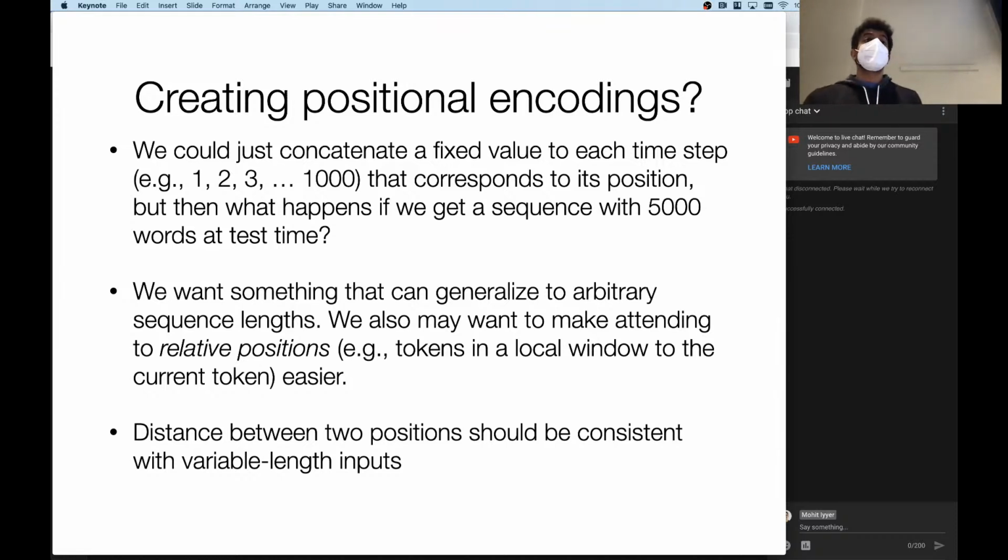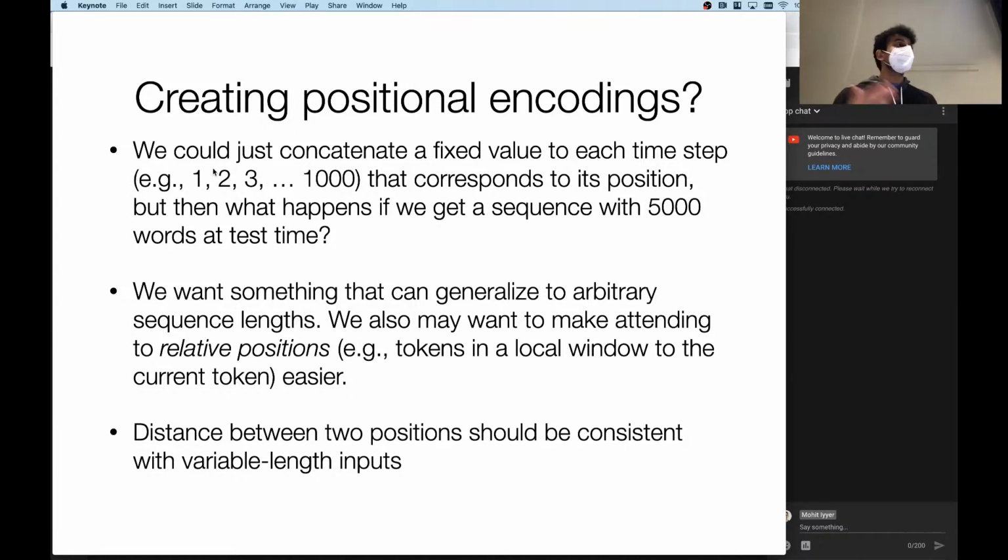So another thing you could imagine doing is just concatenating or adding a fixed value that corresponds to the position to every vector, right? So I could just concatenate the number 1, the number 2, the number 3 to each of the word embeddings at position 1, 2, and 3. I probably would want to normalize these values somehow, but then I don't have to learn these embeddings, and the model has some notion of position.